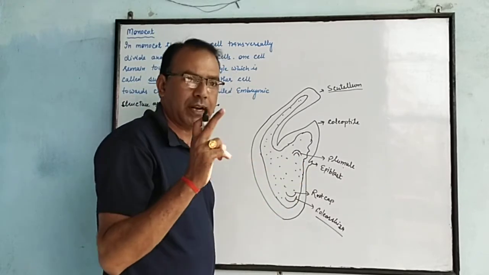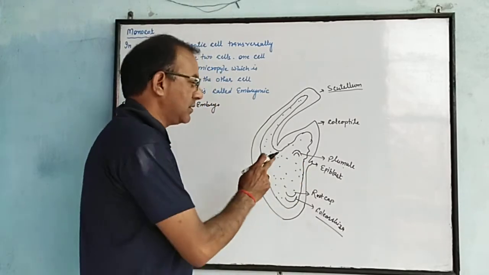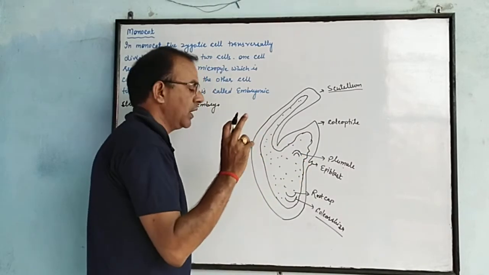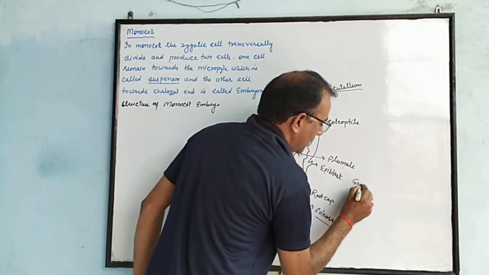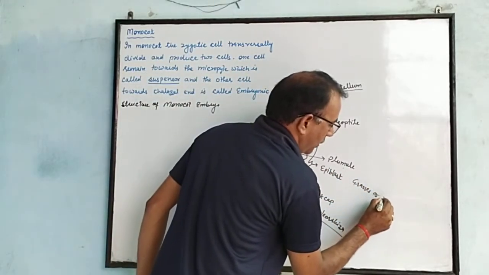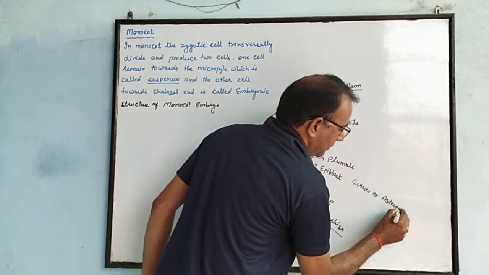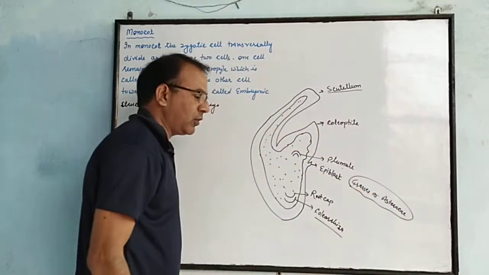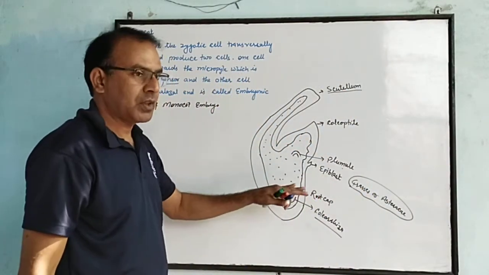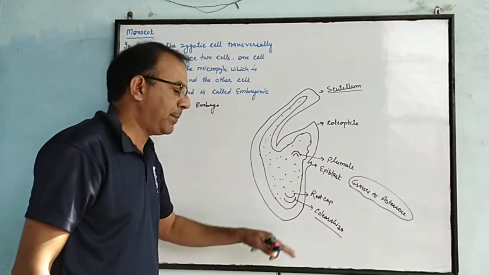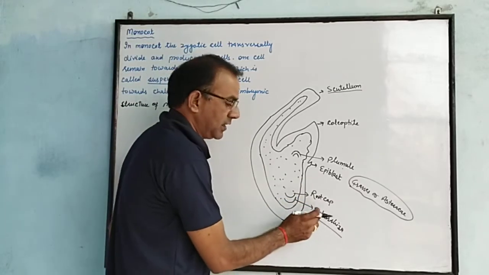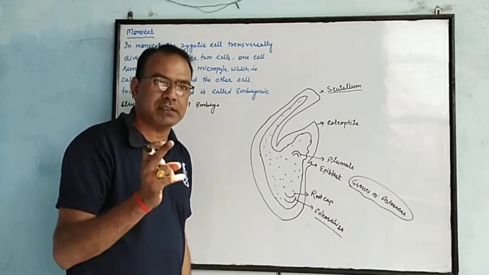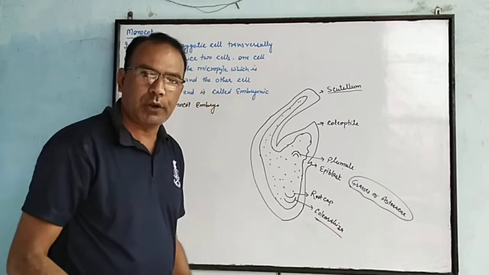The second coat can only be seen in grasses, and it is known as the epiblast. The radicle portion contains the root cap, which is covered with an undifferentiated sheath, called the coleorhiza.